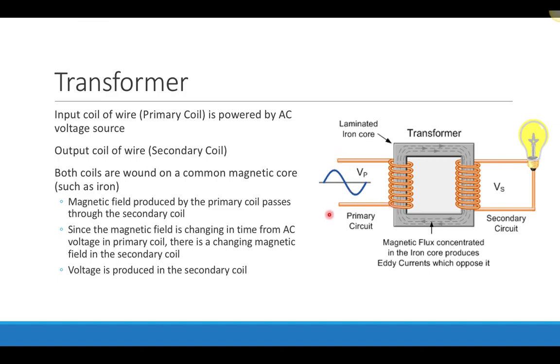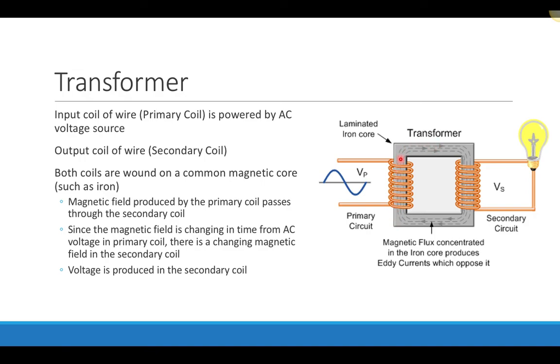It is connected, let's say, to an outlet, so it's connected to an AC voltage supply that's alternating in time. These coils, because they're in the shape of a solenoid, will produce a magnetic field, and that magnetic field will go through the center of the coils. That's what these dotted lines represent here.